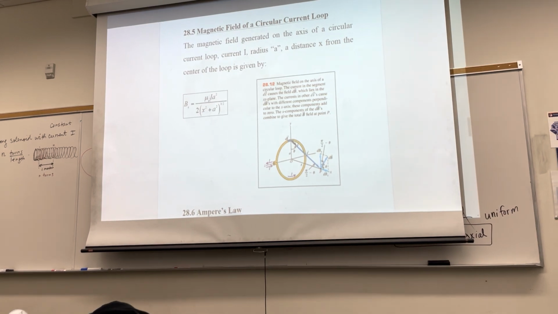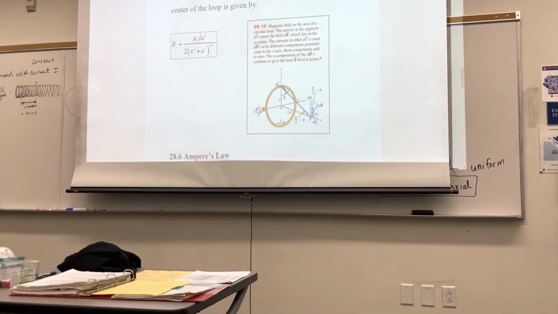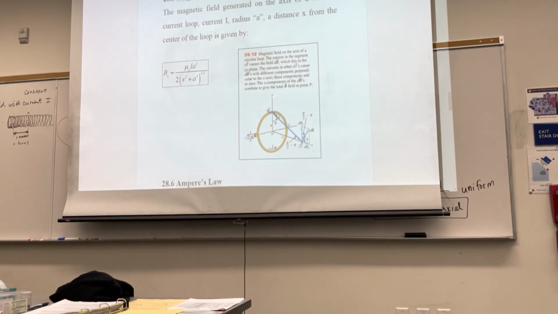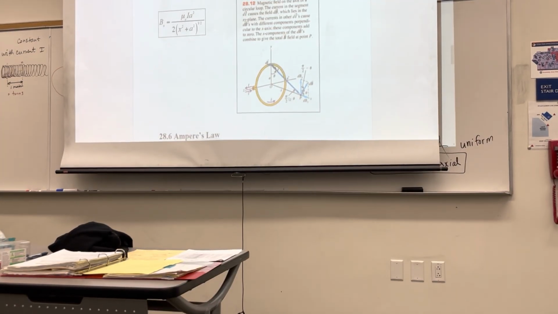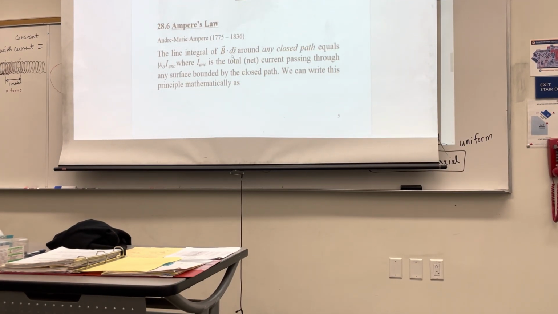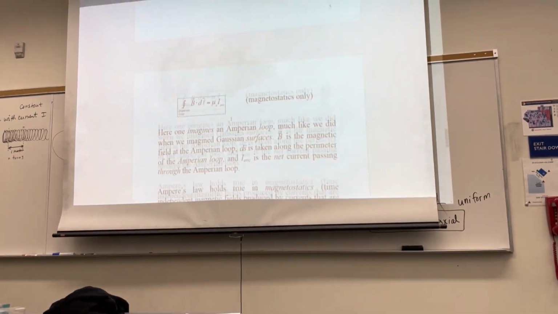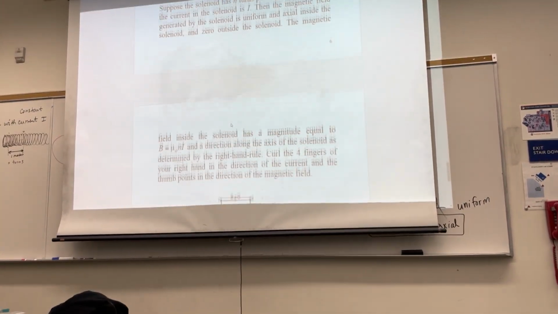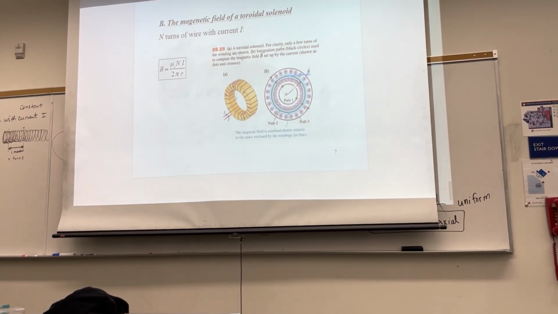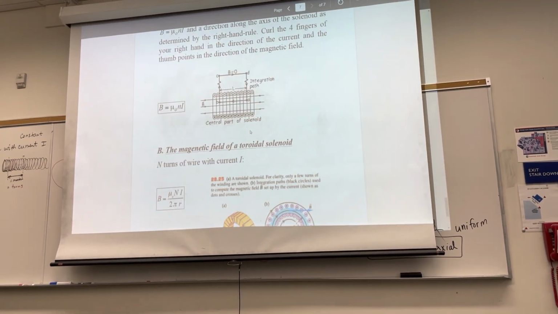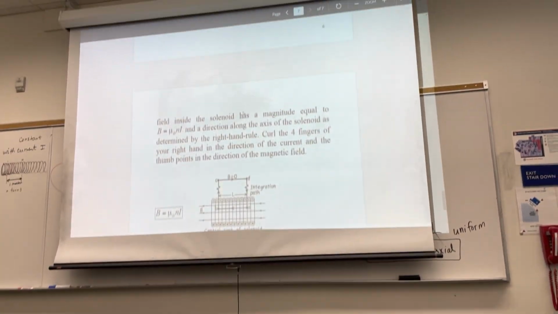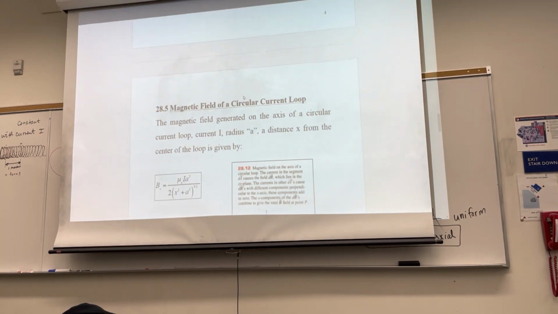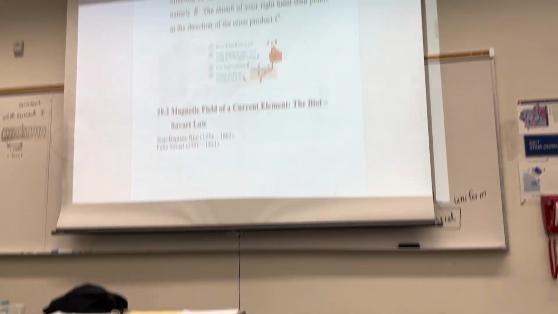We did the ring, and we found the magnetic field somewhere on the axis of the ring with current I in it at a distance x from the center of the ring. And then Ampere's law, we did the toroid, we did the solenoid, which is here, we did some wires. So that's it for this chapter.